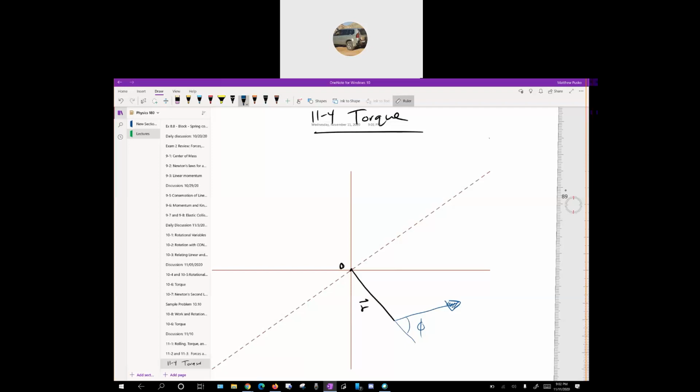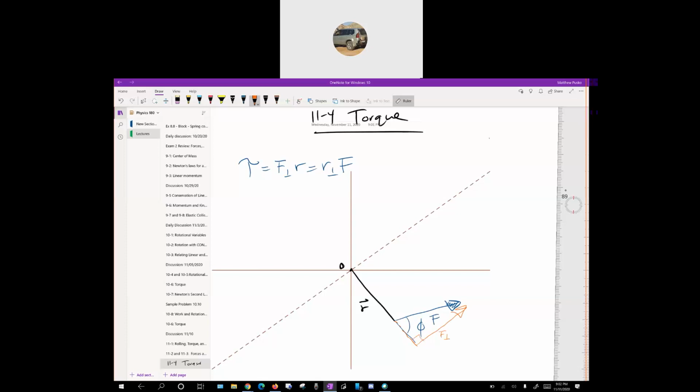We saw before that we had a general definition for torque, but it was mainly our perpendicular case, where the force either had to be perpendicular to R or we looked at the perpendicular distance to the force. And what does that mean again? Well, if this is some force F, we can do two things. We can project this distance R out and then look at the component perpendicular, like that.